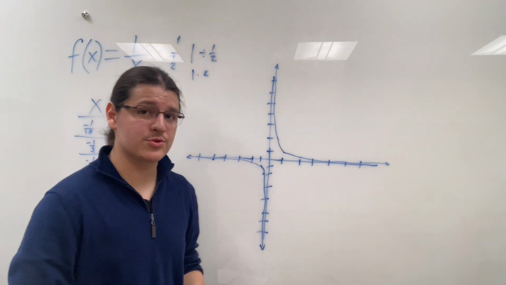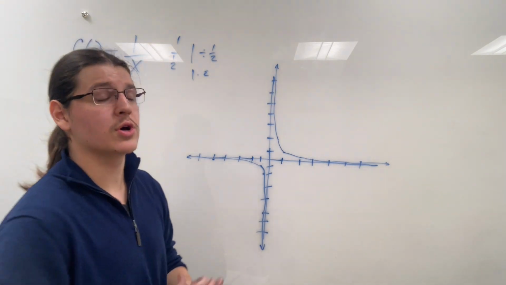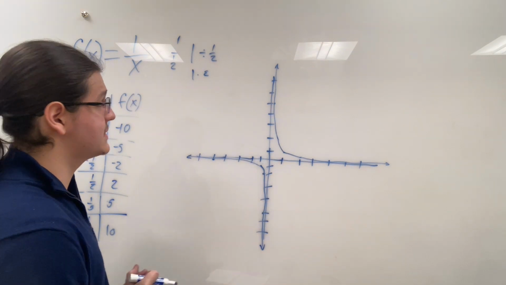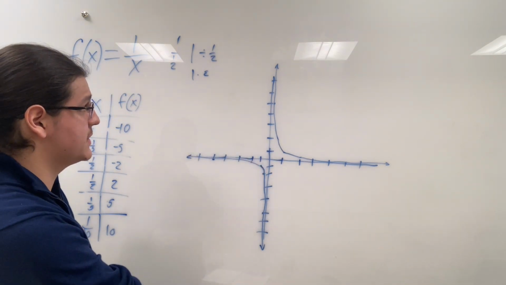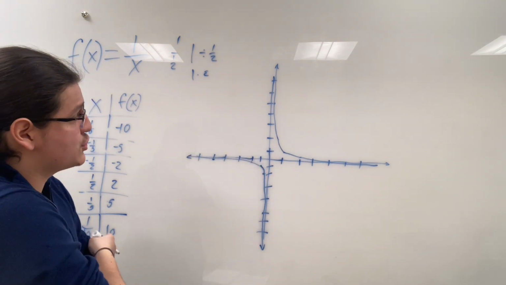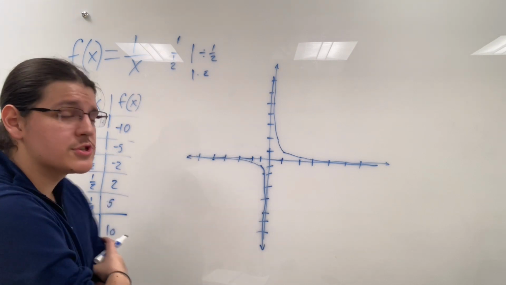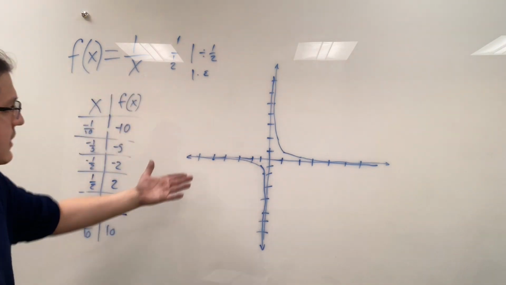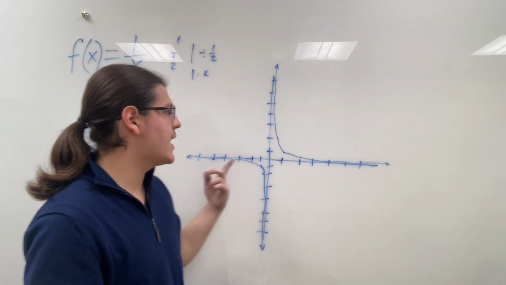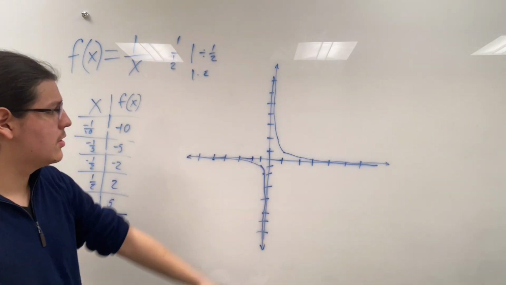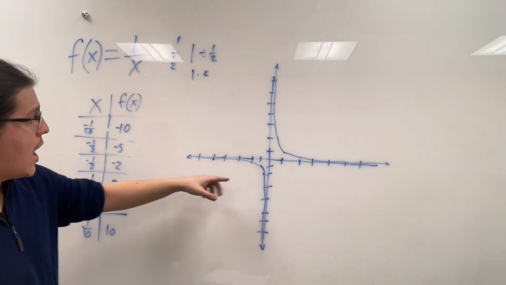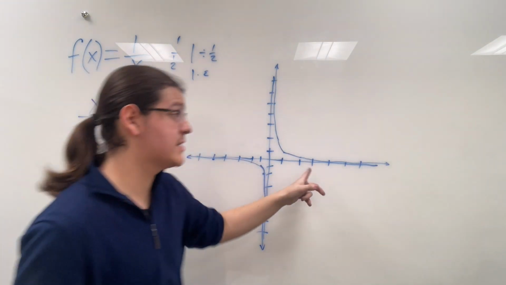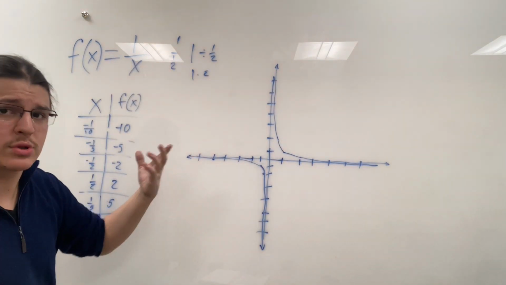At this time in your Algebra 2 career, you've only seen parabolas and cubics, quartics, all those squiggly lines. But here, the first foray into an interesting looking function. But you see, there are some lines here that are not touched at all. On our outputs, it can never touch 0, because as our inputs get larger, the fraction is only going to get smaller.